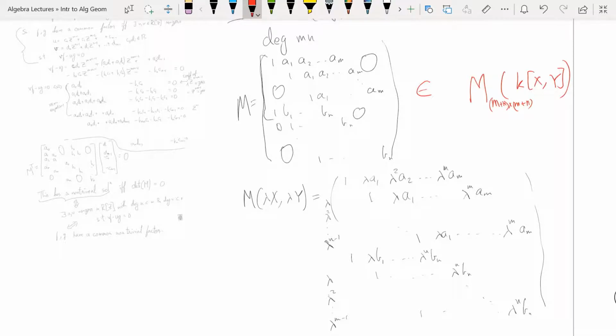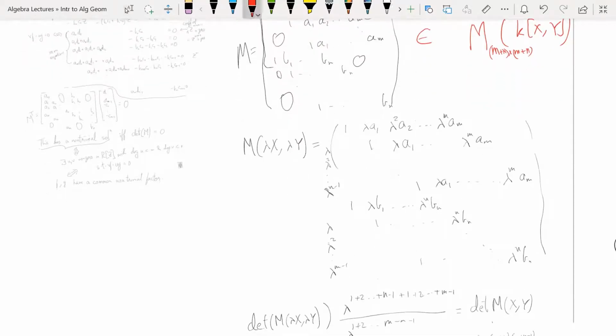Similarly among the B's, the second row you multiply by λ, the third row by λ squared, and so on, and the last row by λ to the power m minus 1, which is the mth row among the B's. So maybe you can write this matrix.